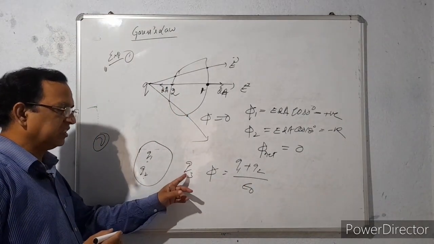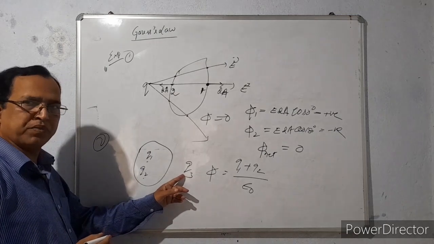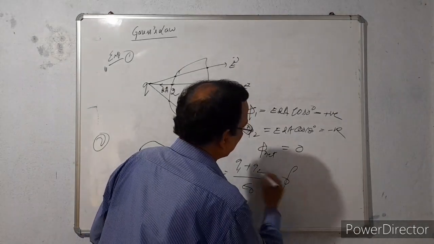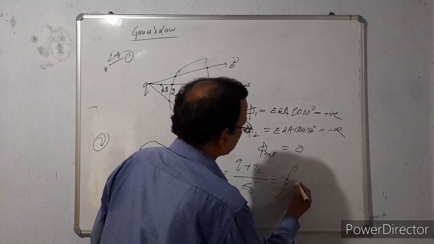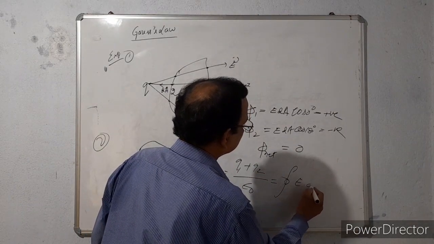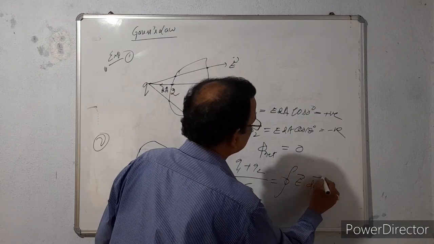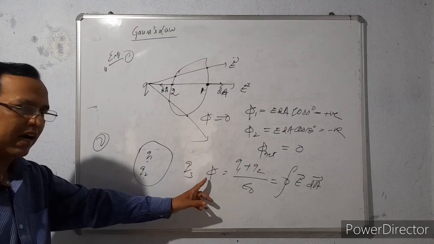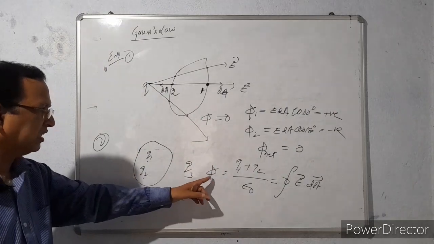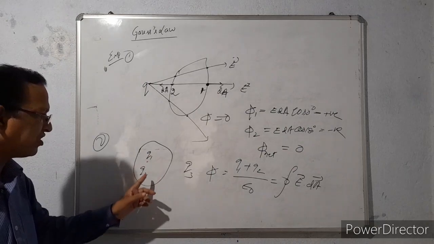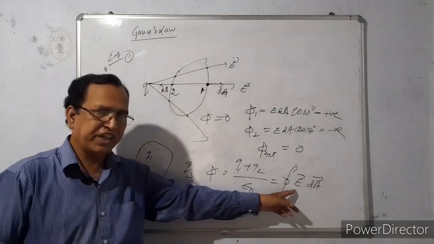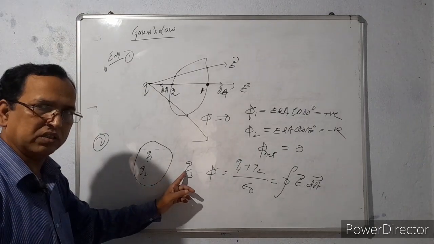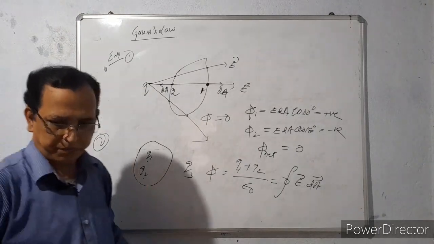Q3 is not used in this calculation of the flux, which is equal to the closed integral of E dot dA over the closed surface. So for calculation of the flux we use the inside charge, but for E, that is the total charge Q1, Q2 and Q3. Clear?